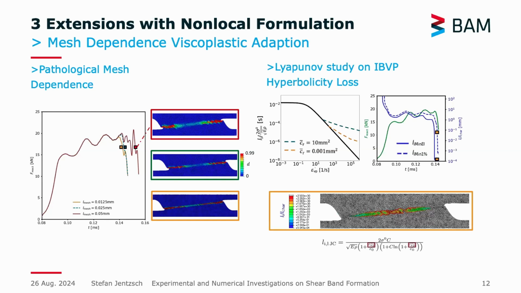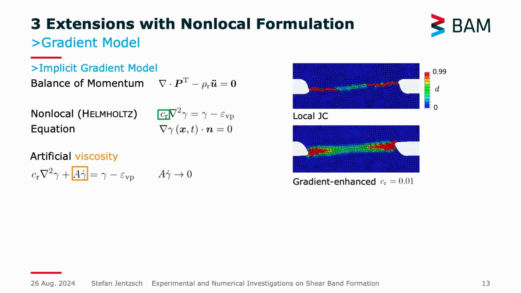Here I also show, for one of the final increments, this approximated internal length scale plotted, where the damage goes from outside to inside, and now inside becomes problematic, where this internal length scale decreases dramatically. As this is neither mathematically nor physically feasible, I now want to introduce a gradient model.